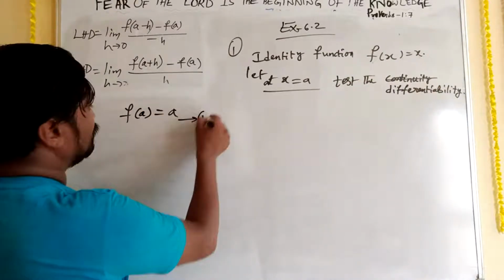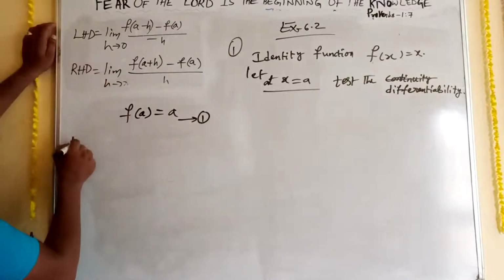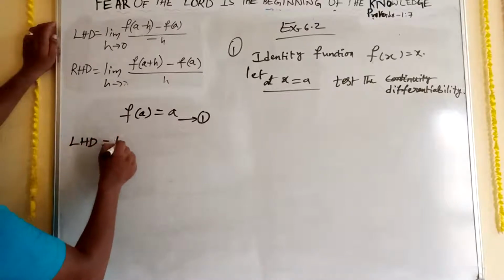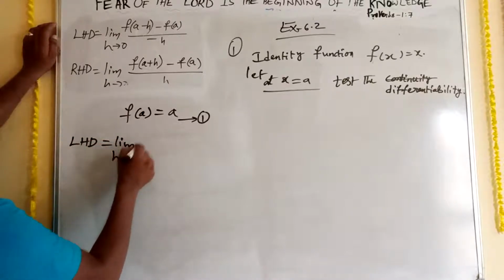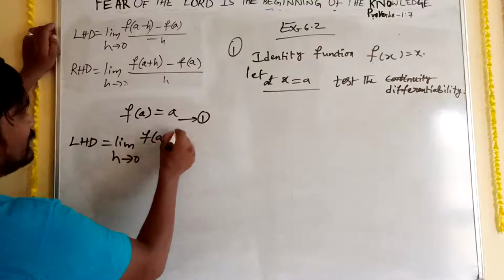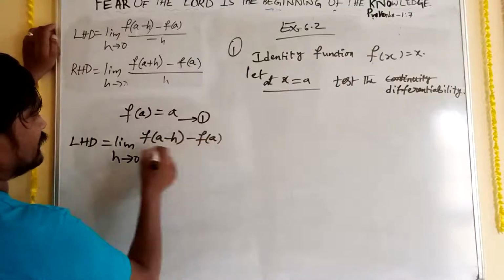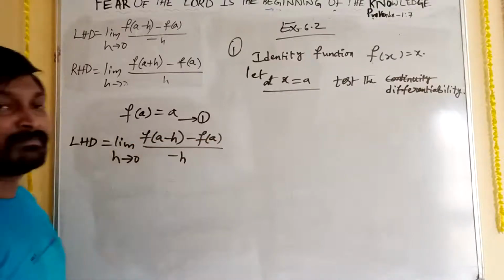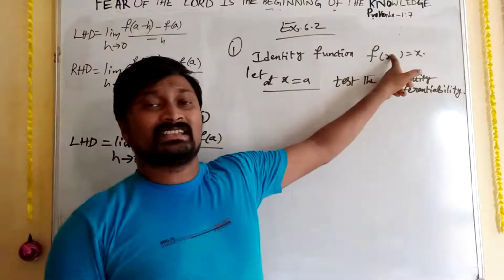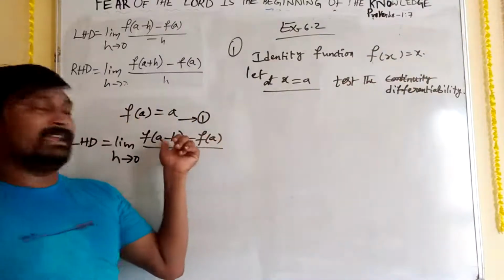Equation number 1. Now directly go for LHD. LHD is equal to limit h tends to 0, f of a minus h minus f of a upon minus h. Now wherever x is there, I need to substitute a minus h.